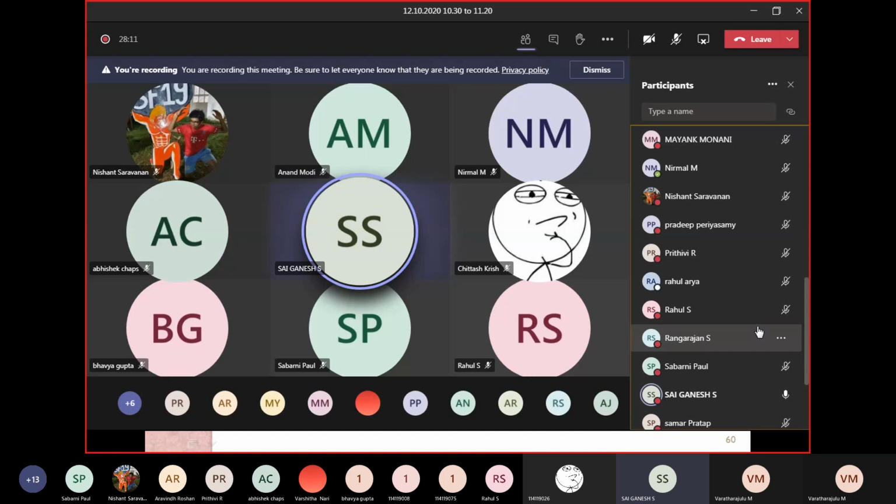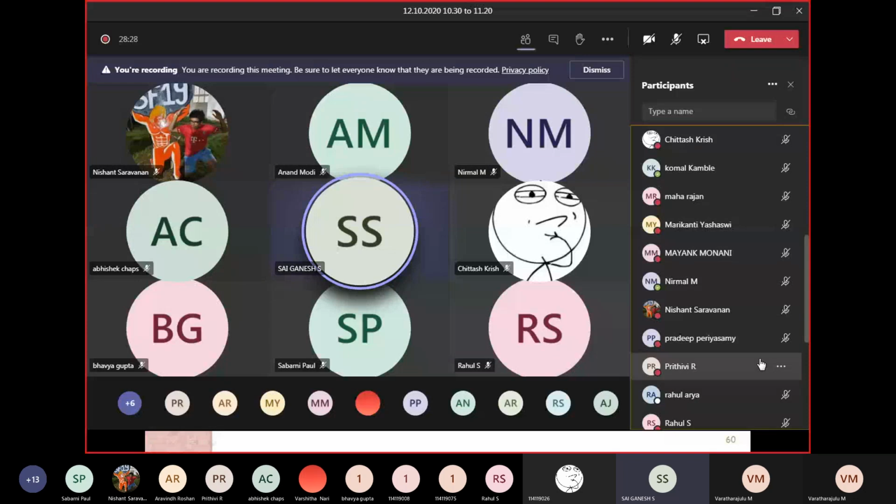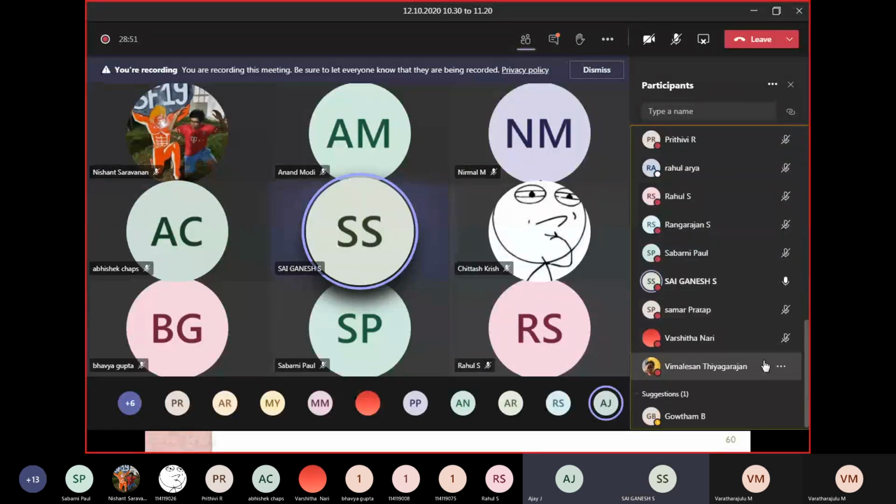Maura Kaushik. Praveen Raj. So 42. Yes. Vikash Babu Mehta.